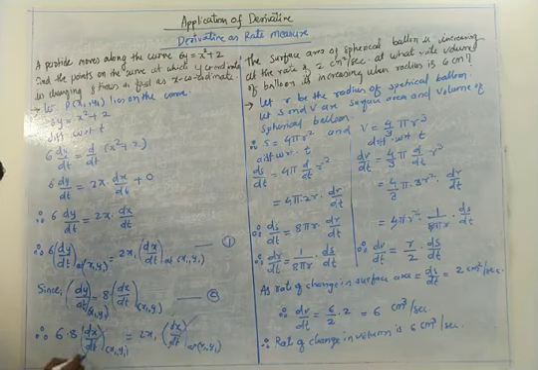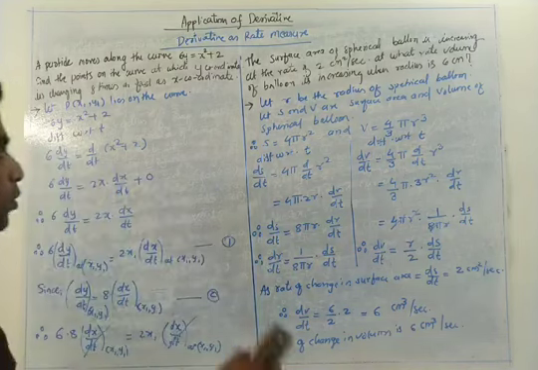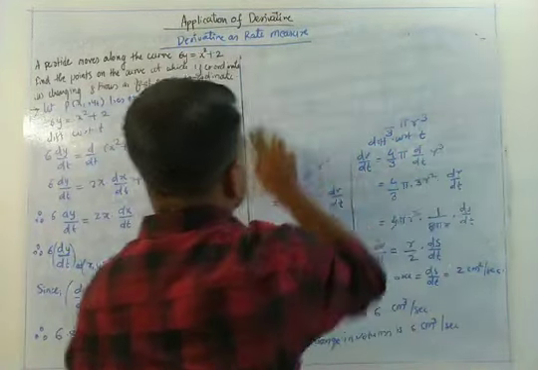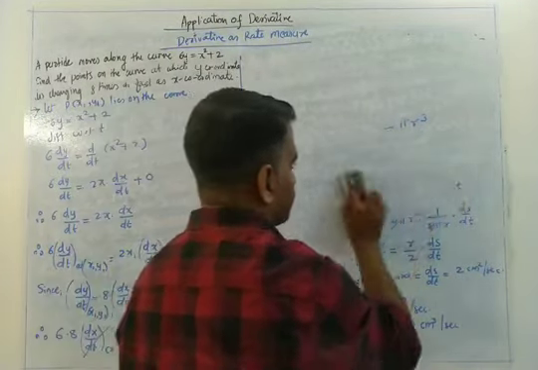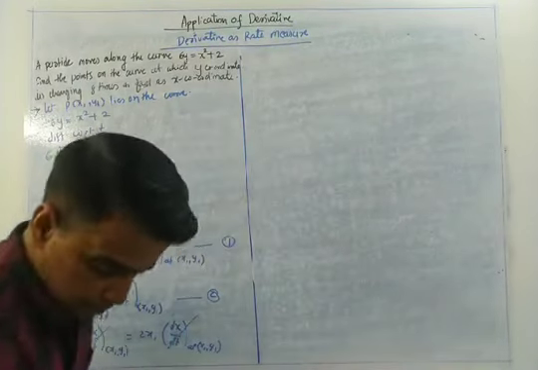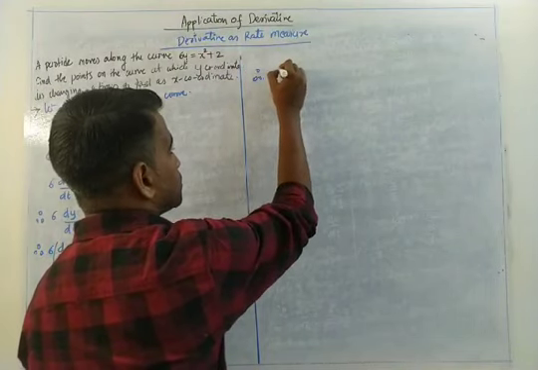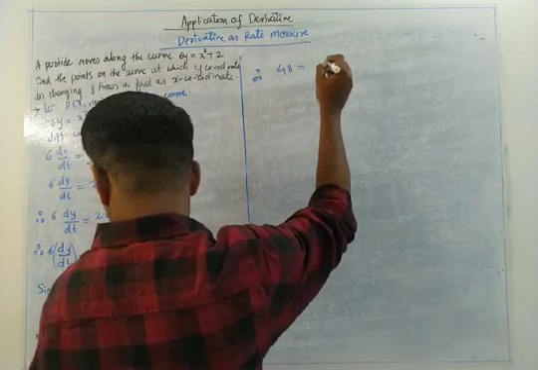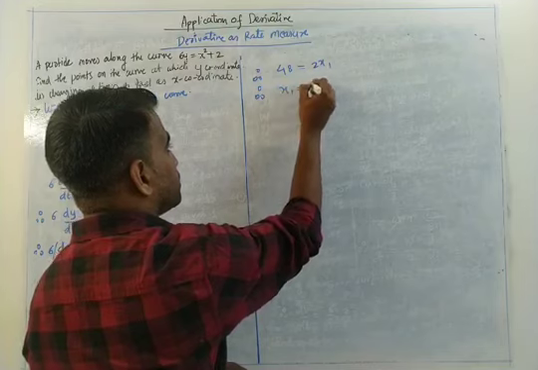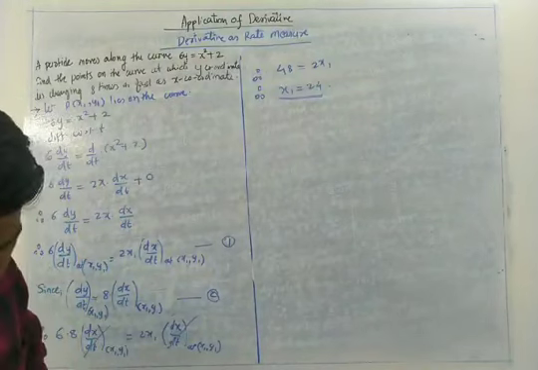So this dx by dt gets cancelled. Okay, so now we will get 6 into 8, 48, is equal to 2x1. Therefore x1 is equal to 24. So the value of x1 we got is 24.